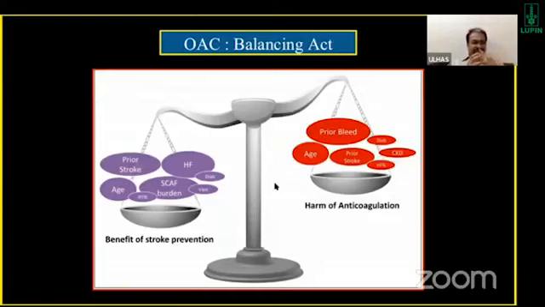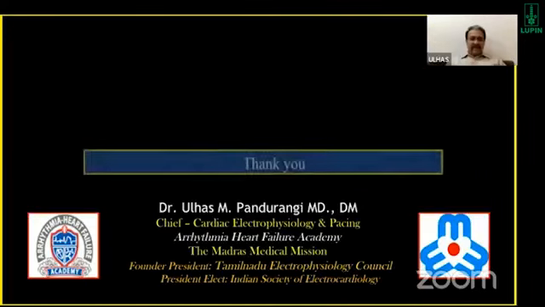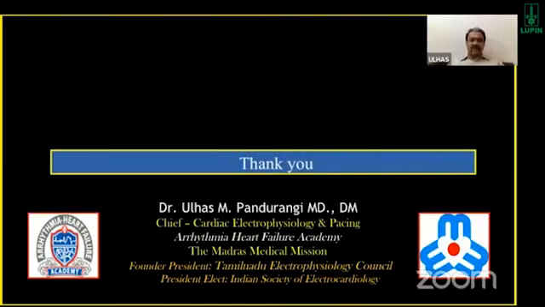So one should consider that indeed this is an emerging concept, and one day we will have some risk score tables where we can incorporate AF burden, and probably we'll be able to manage our patients better and prevent them from suffering stroke. So with this, I end my topic, and I'm going to be with you people to answer your questions.